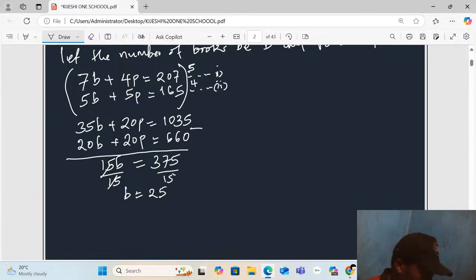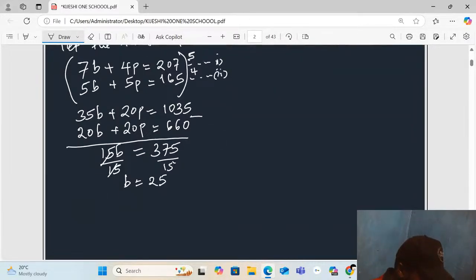So we can use equation 2. Any can work, but in this case, let me use 2. So we have 5B plus 5P, which is equal to 165.